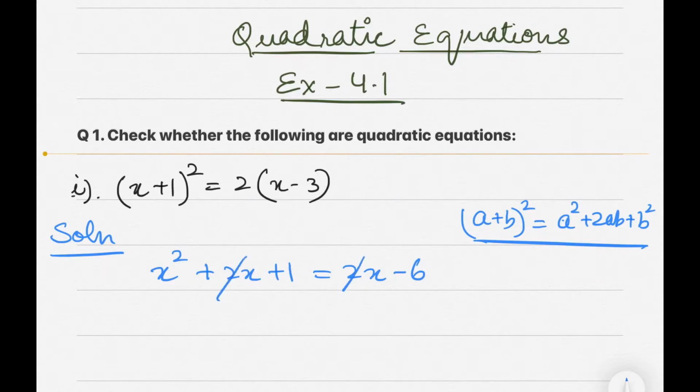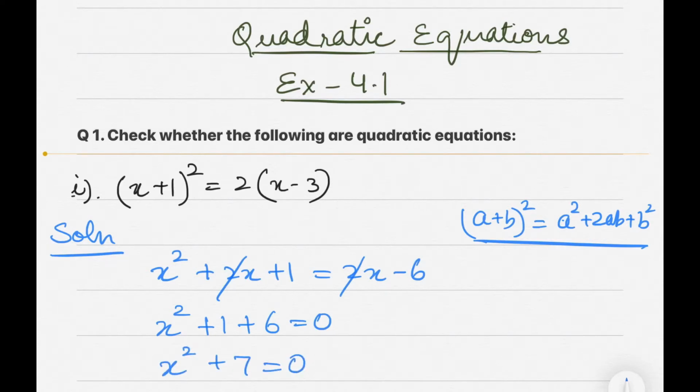So this and this will get cancelled, because if I bring this here it will become minus 2x. So now I will have x square plus 1 plus 6 is equal to 0. So now I can say x square plus 7 is equal to 0.